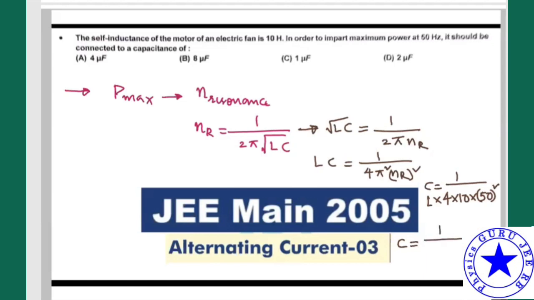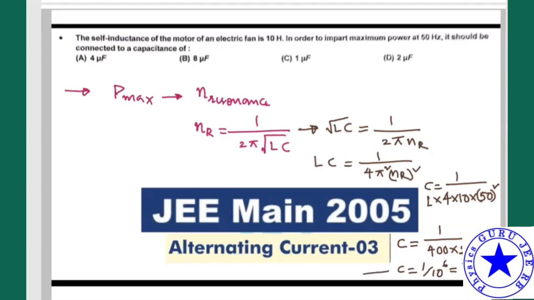Simply substituting, 4 into 10 into 10 is 400, and 400 into 2500 gives 10 to the power of 6. So C equals 1 by 10 to the power of 6, or simply 10 to the power of minus 6 farads.